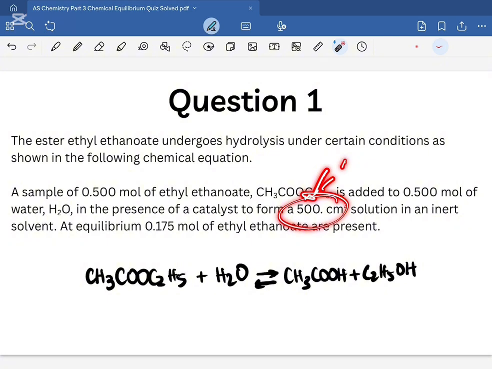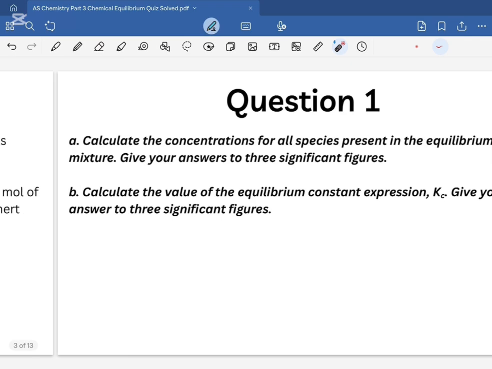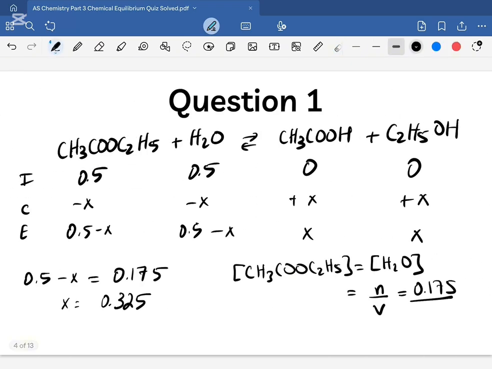So it's going to be 0.5 liters, or 0.5 dm³. Then I'm going to divide by 0.5, and the concentration is going to be 0.350 M. We have to add a 0 over here because they want the final answer to 3 significant figures.